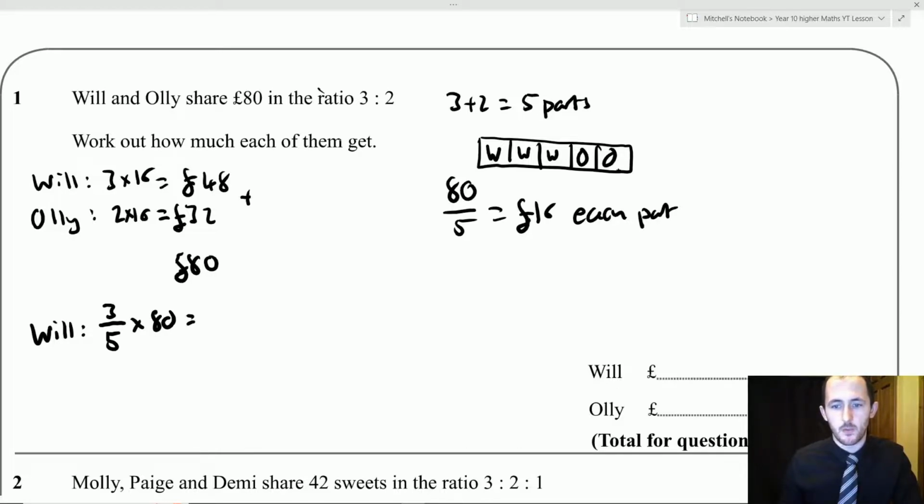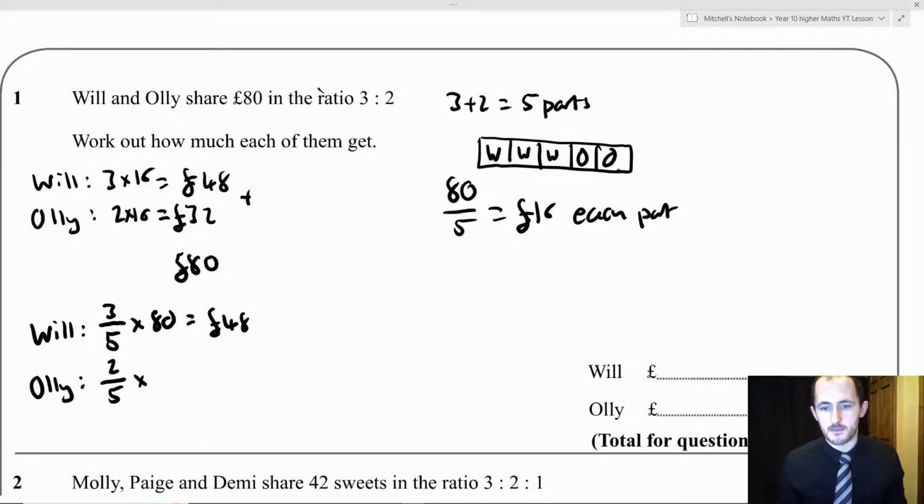You're still doing the exact same thing and you will get 48. With Ollie, you do the same thing. The number we're interested in is the 2, 5 is the total, times by 80. £32. So either way, it's going to be exactly the same.